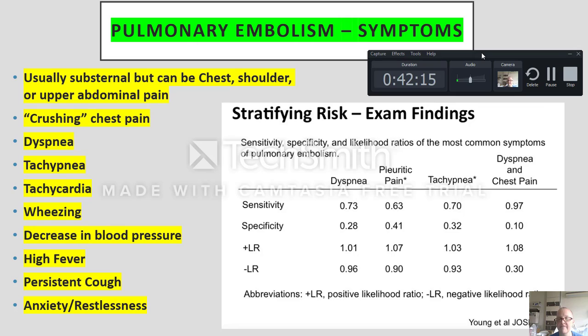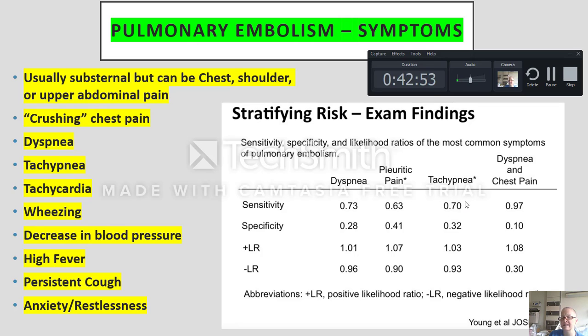Stratifying risk, exam findings. So you see here if you have tachy breathing, heavy breathing, or slow breathing, they're going to be at risk for pulmonary embolism. The sensitivity is 73, and the sensitivity here is 70.